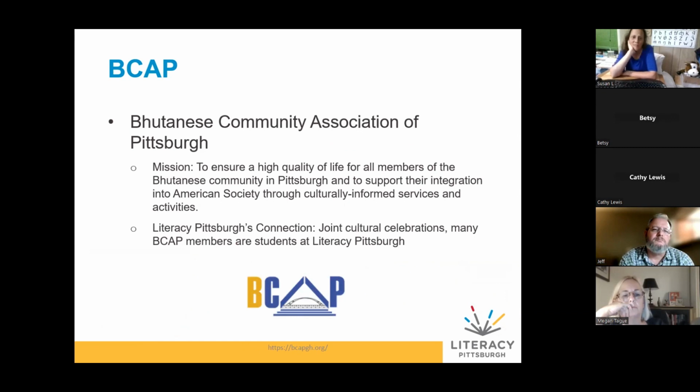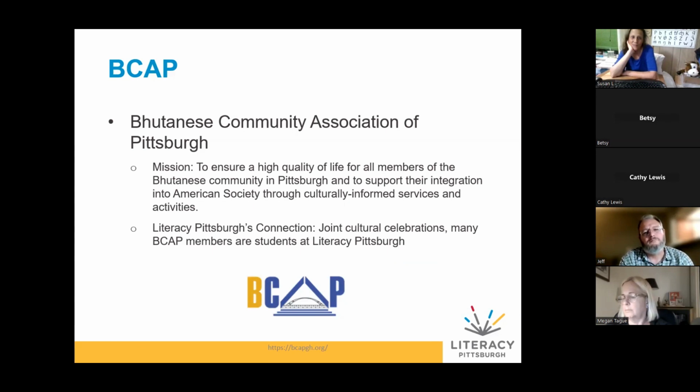Then there is BCAP, which is the Bhutanese Community Association of Pittsburgh. It is a cultural association meant to support the integration of Bhutanese people into American society and to ensure a high quality of life for those people. So Literacy Pittsburgh often does joint cultural celebrations with BCAP.